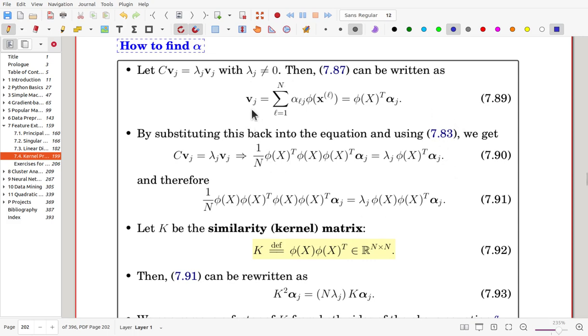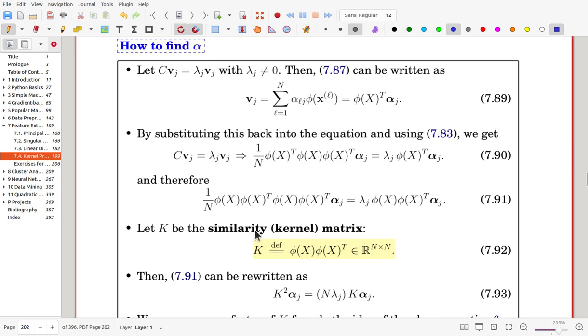Then v_j can be written in this way: the summation over l from 1 to n of alpha_lj phi(x_l). In matrix vector notation, we can write this as the transformed, expanded data matrix transpose times alpha_j.